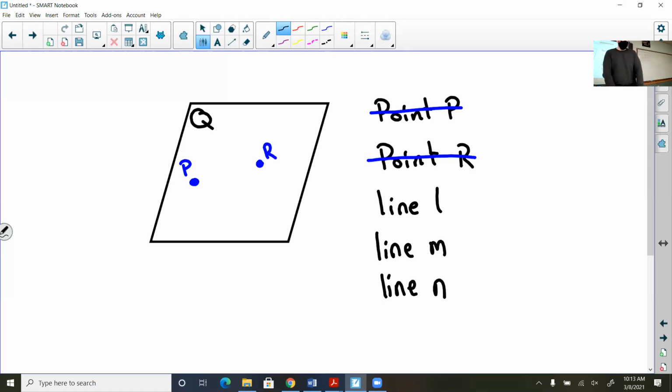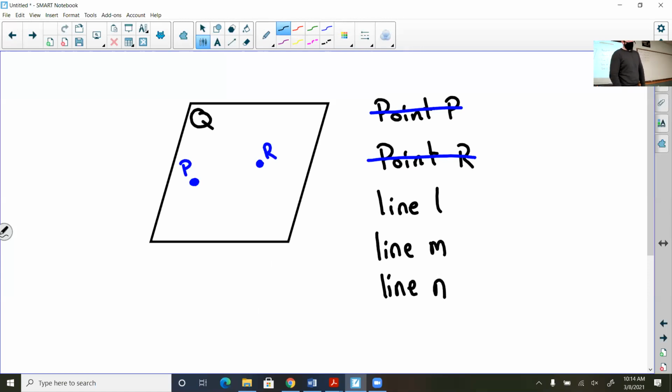Now it says that lines L, M, and N are coplanar, which means that when we draw the lines, they should just be in the plane. They should be right on top, within this parallelogram. So there's nothing I can do yet. That just means that I can't have line L be over here, because then it wouldn't be coplanar.